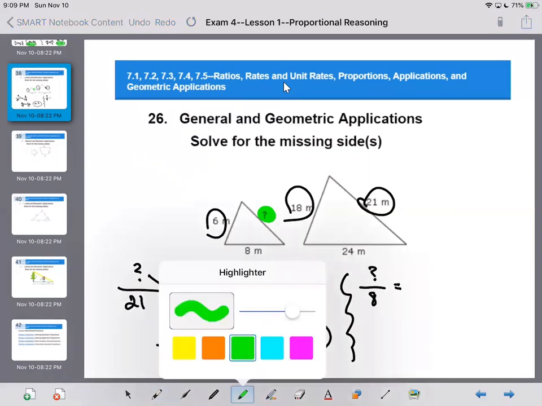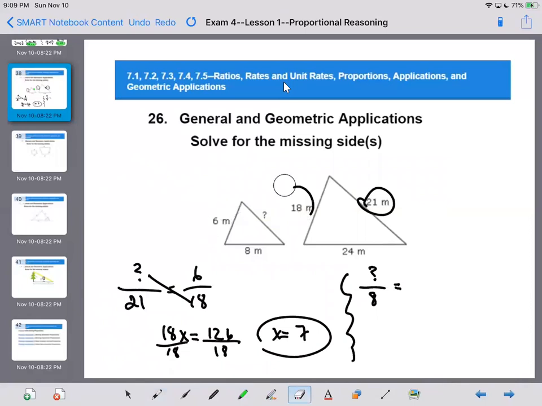So let me erase these just so we see what I'm comparing now. I could use question mark to 8, and then I could do 21 to 24. So question mark to 8, and then 21 to 24. See how I'm staying consistent. I did this one first, and then this one, and now I'm coming back to do this side divided by this side.